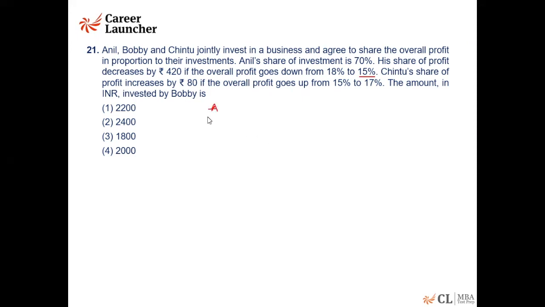So let's say A, B, C are Anil, Bobby, and Chintu, and together they have put a total investment equal to 100, out of which 70 must be A's. And let's say this is X percent, this is 30 minus X percent.